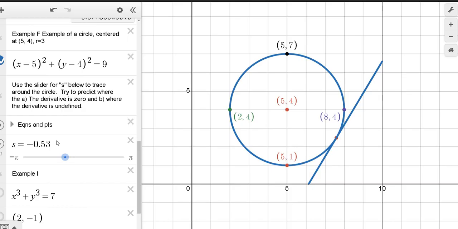So the equation itself is just the equation of a circle. That equation is x minus 5 squared plus y minus 4 squared equals 9. What's the radius of that circle? Yeah, it's 3, right? It's going to be the square root of this number right here.